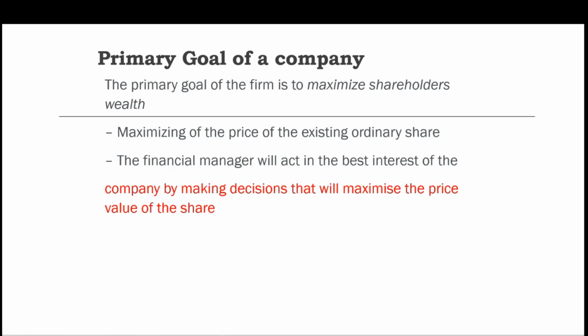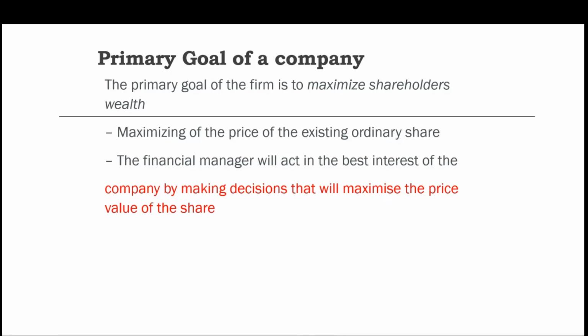So if I'm the owner, all that I want is that my company's share price will grow, or my company will increase in profit. The more profit my company makes, the better the shareholders' wealth, isn't it? The more the owner's equity.